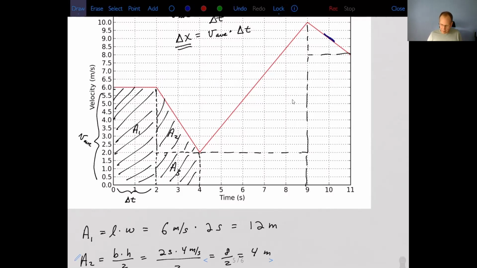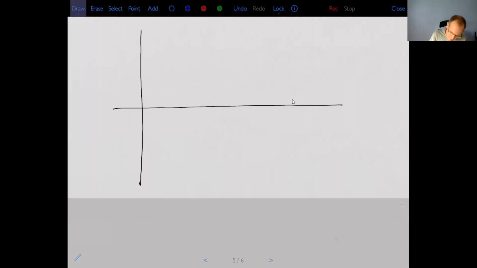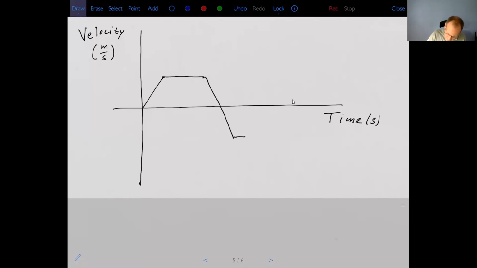Okay, what if the velocity becomes negative? What if you have something like this, over the time period?